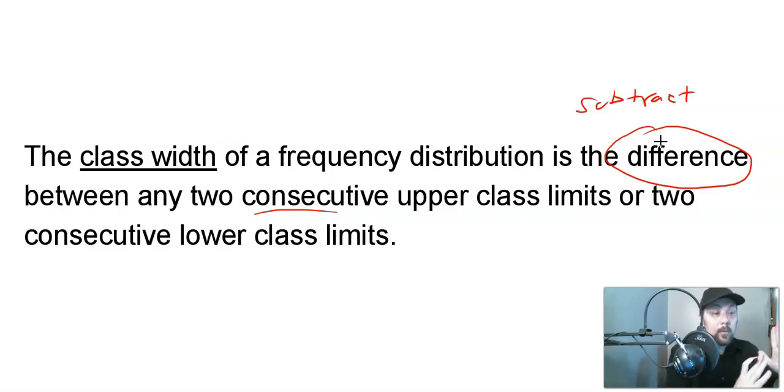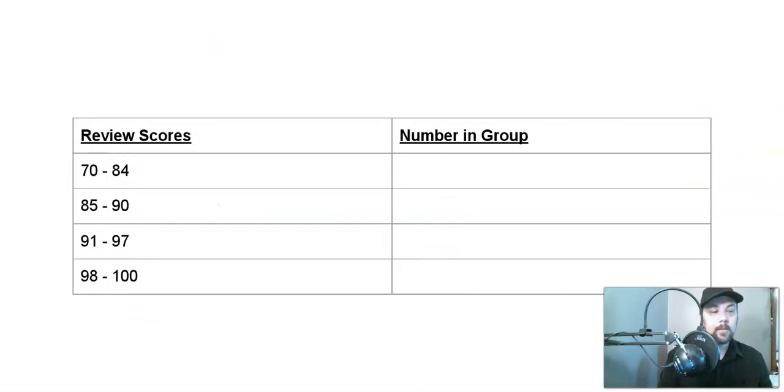And you don't have to check this with every pair of consecutive classes, because if it's a well-constructed frequency distribution, the class width should be the same throughout. We talked about that with this particular example. This is a bad frequency distribution because the class width isn't the same throughout, and so it's going to distort the distribution of the data.